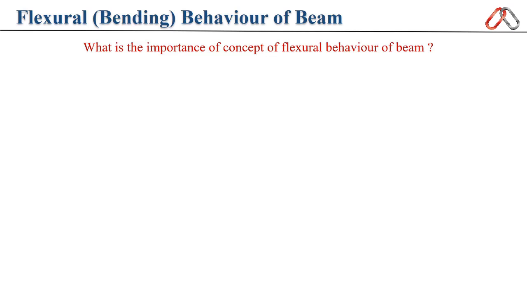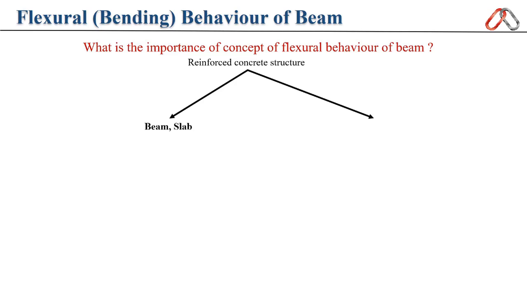So let's start here. We know that the main components of any reinforced cement concrete structure are beam, slab, column and footing. The main criterion for design strength in beam and slab is bending. Main criterion means that a structural member should be designed according to the most critical conditions and later should be checked for other normal conditions.